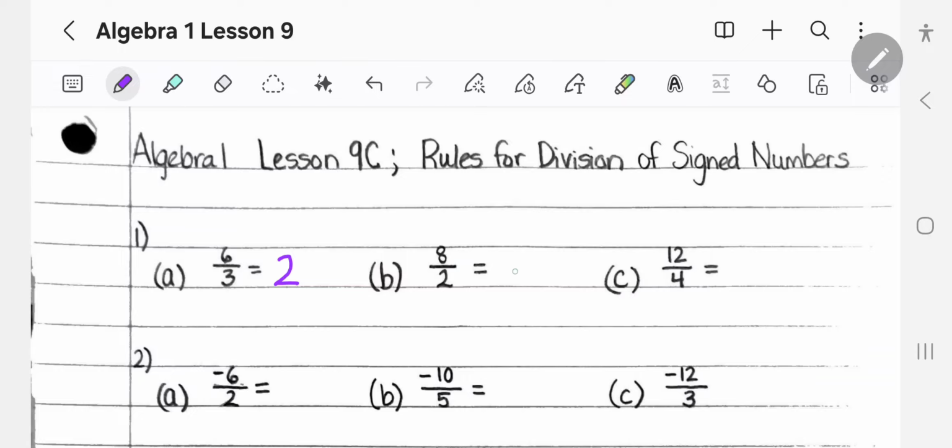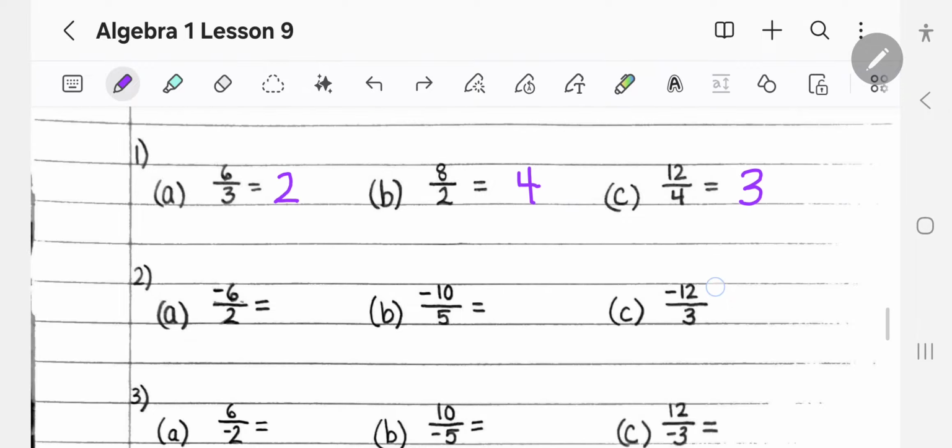B is 8 divided by 2, which is 4. And C is 12 divided by 4, which is 3. Okay, so we can see that we had a positive divided by a positive and we got a positive. Another way we can look at that is when these two have the same signs, we ended up with a positive. And we'll talk more about that later.